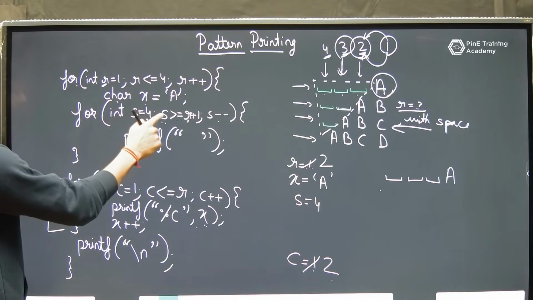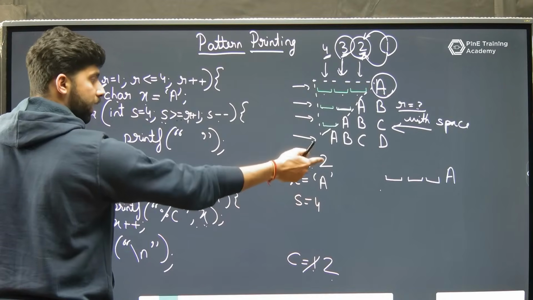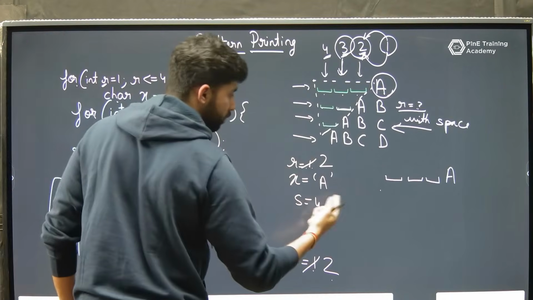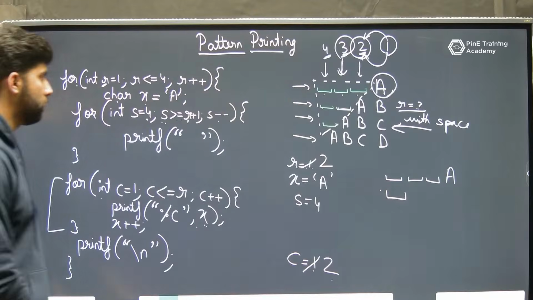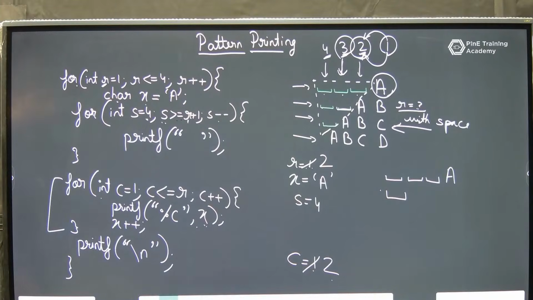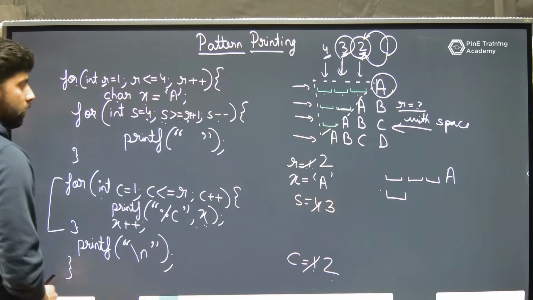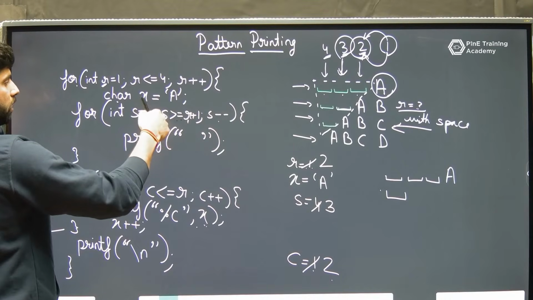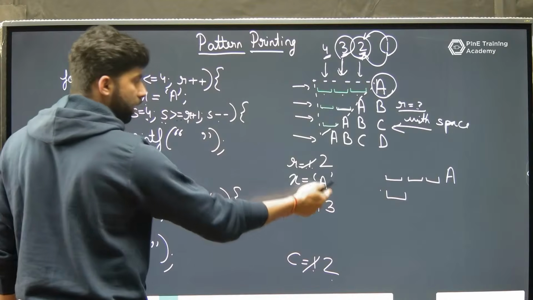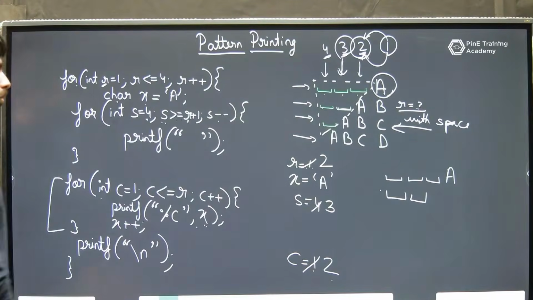We will check if S greater than equals to R plus 1, 4 greater than equals to 3. Which is true, so we will print a space. S minus minus. Next, we will again check is S greater than equals to R plus 1, 3 greater than equals to 3, which is still true. So we have space.